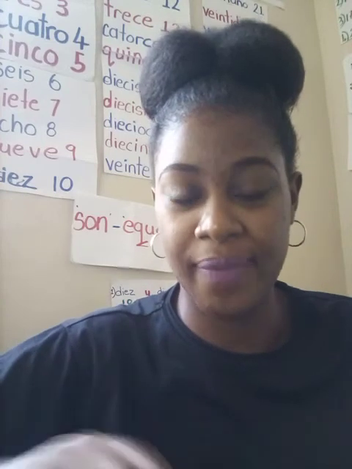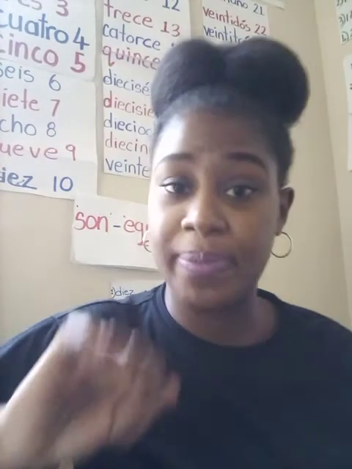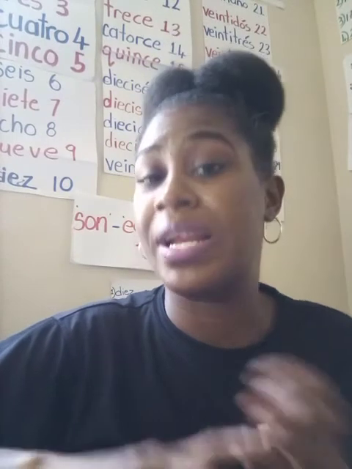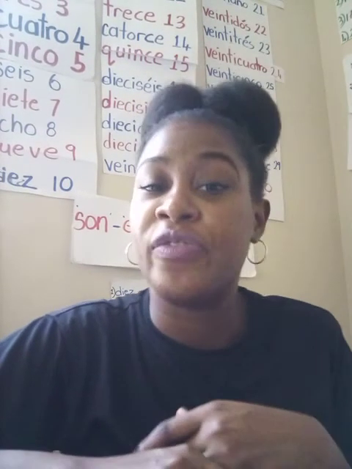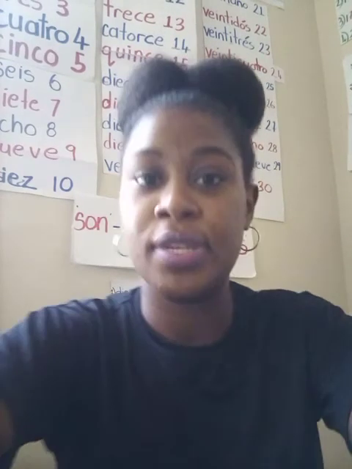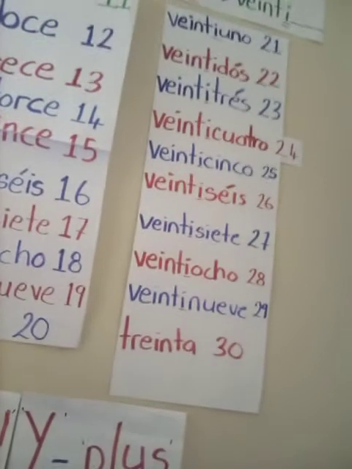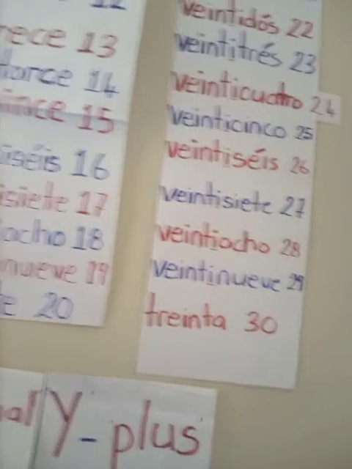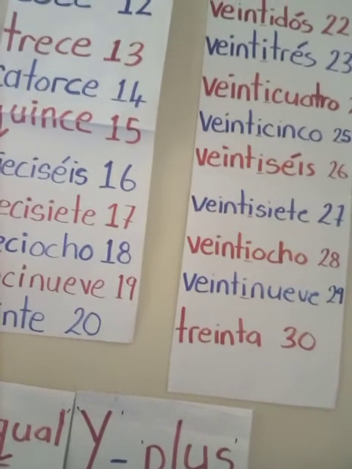Okay, so I hope that you were able to grasp the concept that we're doing today. Remember, we're doing la adición, which is addition in Español, but today we're moving on from number 20 and we're going all the way up to number 30. So numbers 21 to 29, they were 21, 22, 23, 24, 25, 26, 27, 28, 29, and 30.